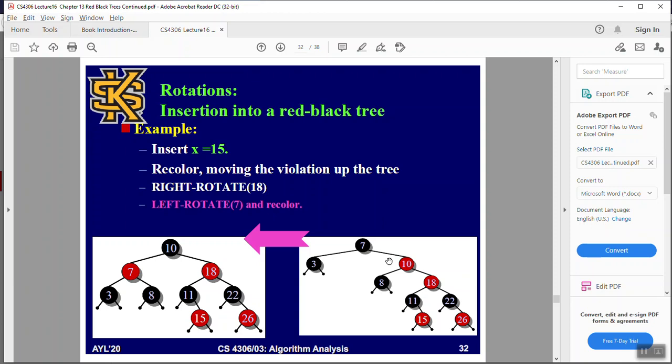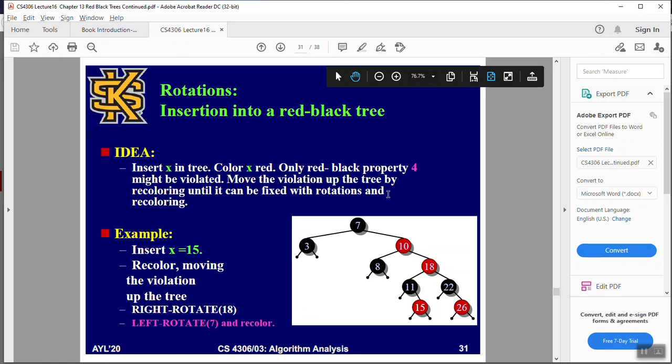So now it is 7. Okay, so move what initially was over here. We need to move this up, move it up. The 10 will go to the position of 7.